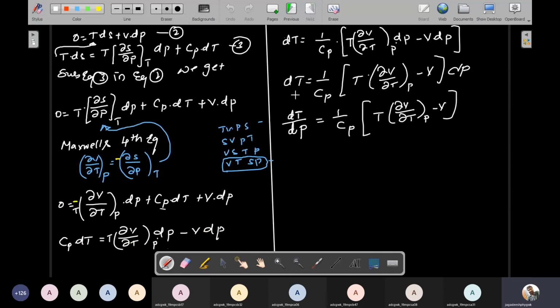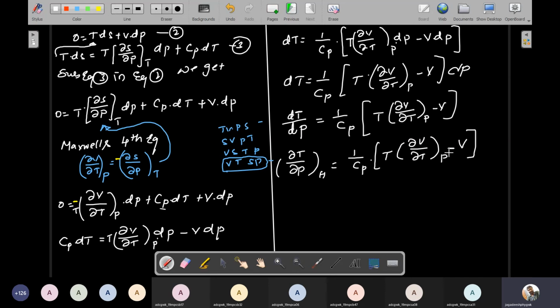So definitely the changing temperature and the changing pressure at constant enthalpy: dou T by dou P at constant enthalpy is equal to 1 by Cp times T into dou V by dou T at constant pressure minus capital V. So this is your final expression.